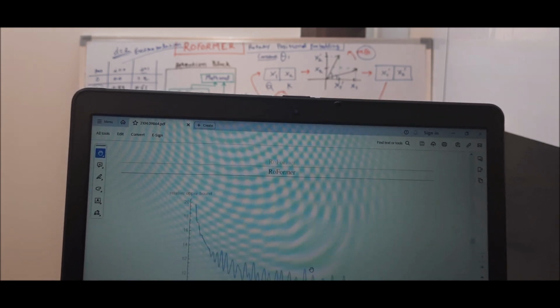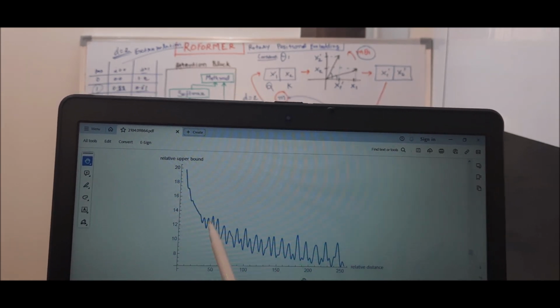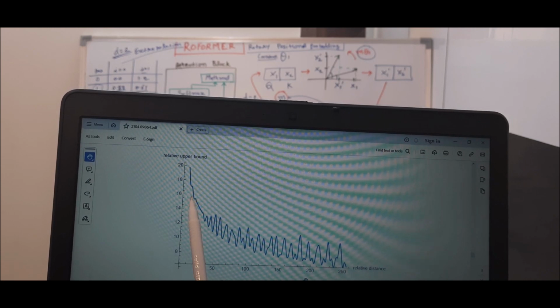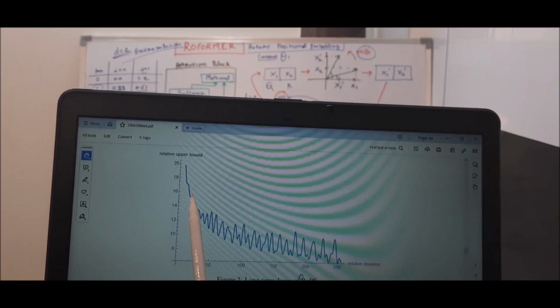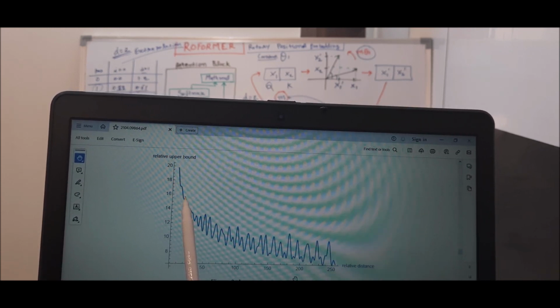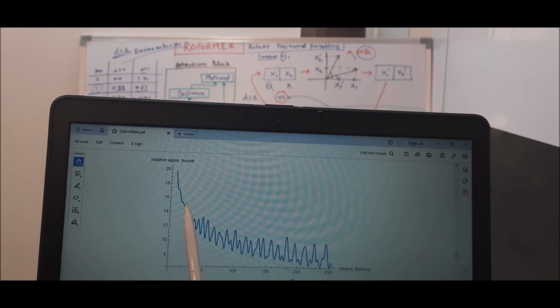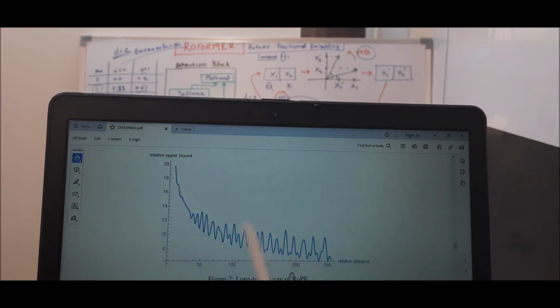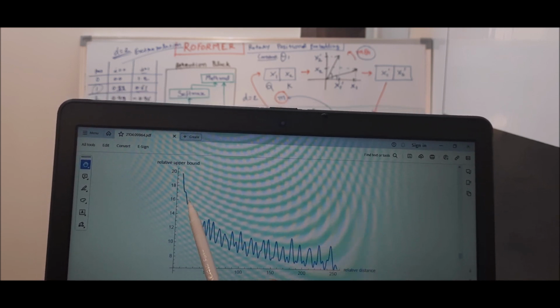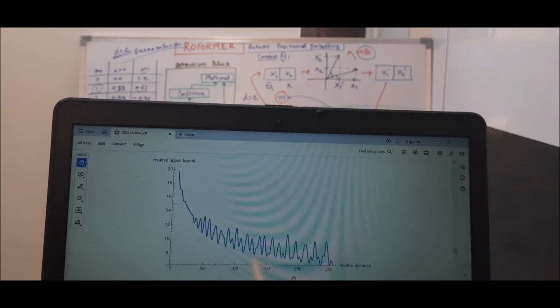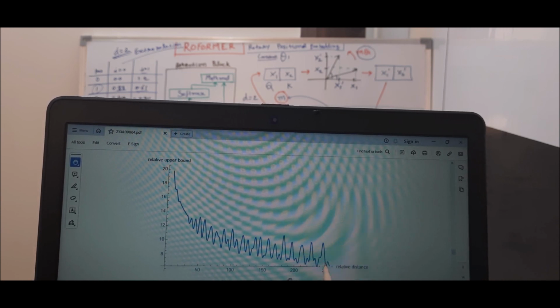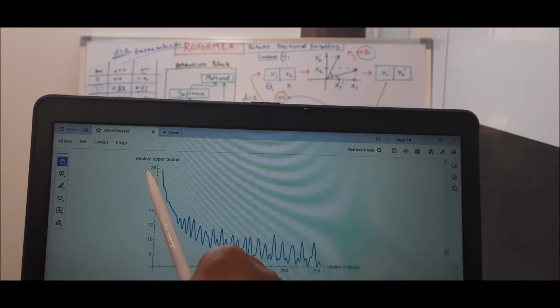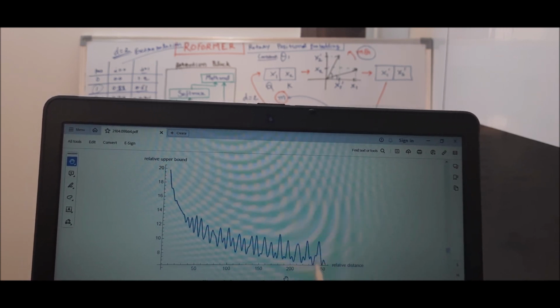Another thing shown in this figure is that if two words are very far apart, then there is a huge gap in their actual values. So if the relative distances are too high, the relative upper bounds also decrease.